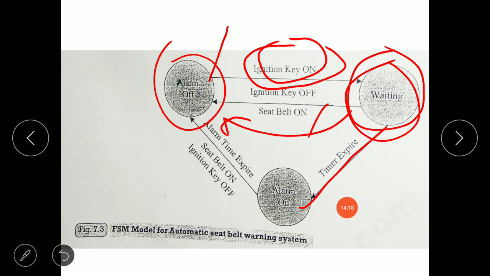But when the wait timer expires in the waiting state, the timer expire event is generated, and it transitions the state from waiting to alarm on. The alarm on state continues until a seat belt on or ignition key off event or alarm timer expire event, whichever occurs first. This is how we have implemented this example using the state machine model.